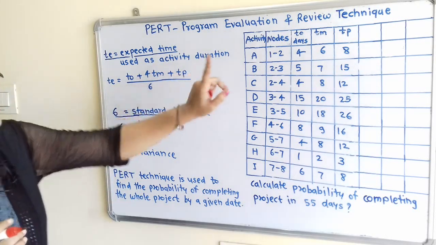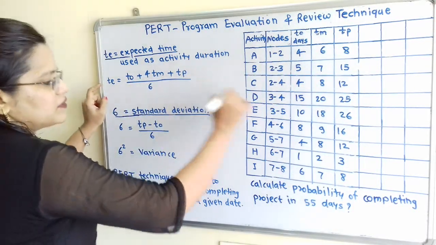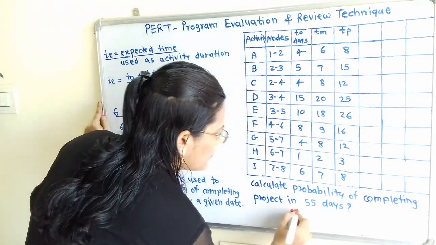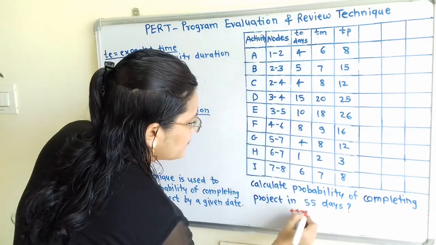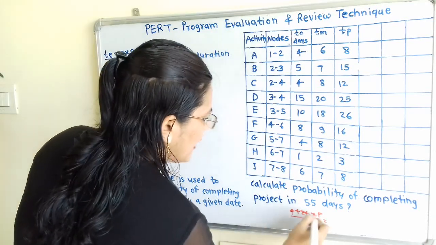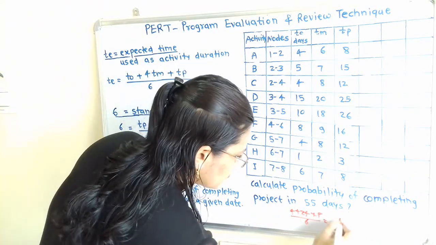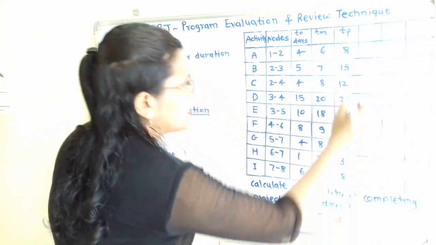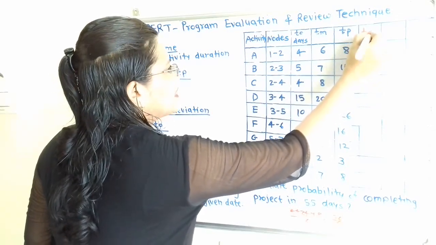Now I will put the values. So first it is 4 plus 6 multiplied by 4, that is 24, plus 8, divided by 6. So 36 by 6 is equal to 6. So this is the value of TE.